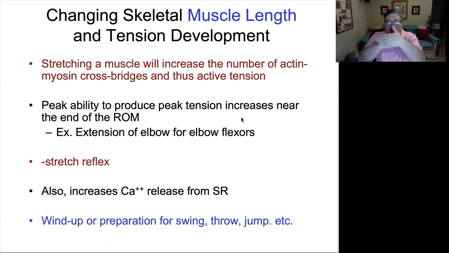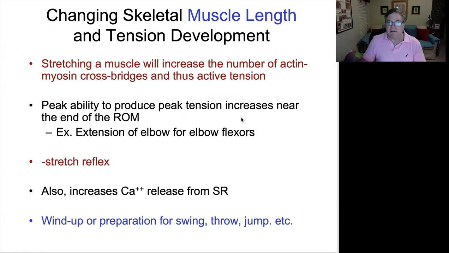If the muscle gets too short, as we've demonstrated before, you lose a lot of force. If you stretch those muscles, it actually increases the amount of force that they can produce, whether it's finger flexor muscles or your knee extensors or plantar flexors. By stretching them, you get a number of benefits.